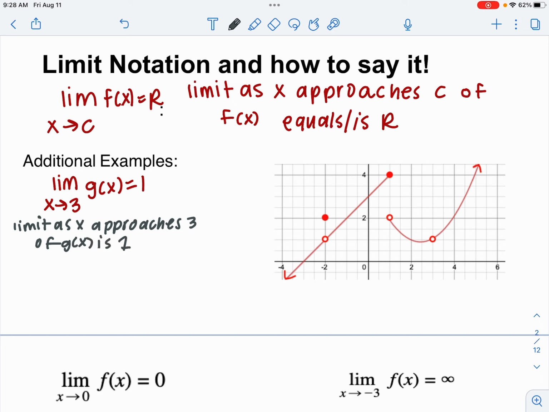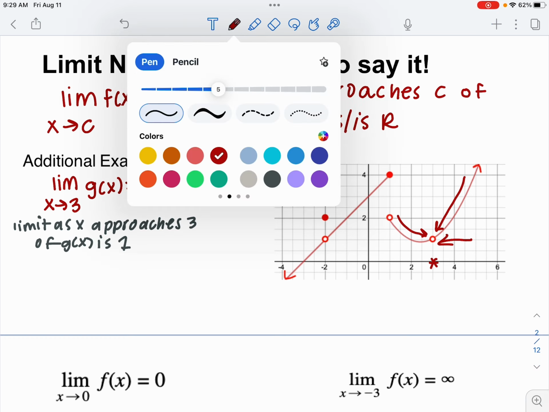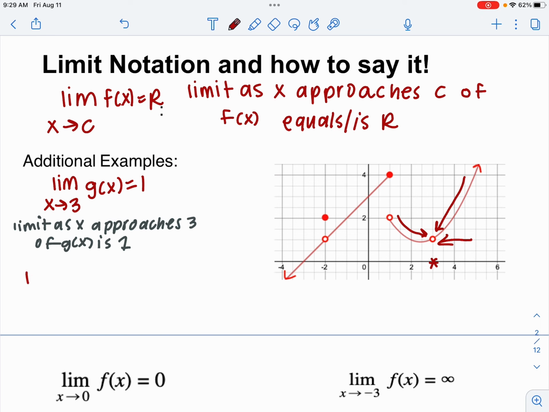Let's look at the graph to get that down a little more. If we look at 3 here, that's where 3 is. As I approach 3, look where my graph goes. The function approaches 1, because if you look, these are skip counting on the vertical and horizontal axes. So it's 1.